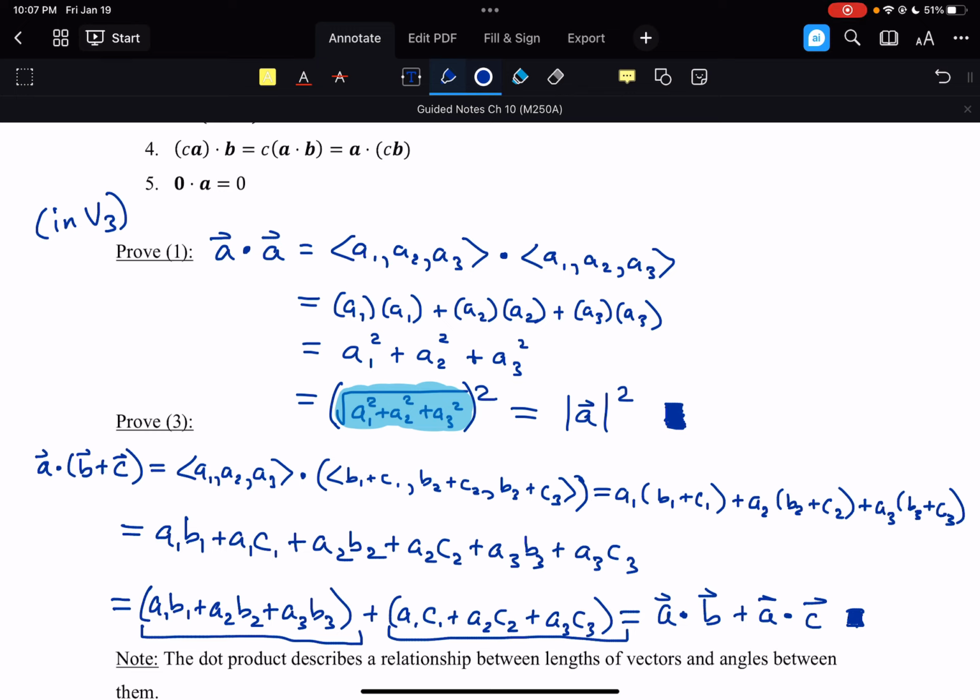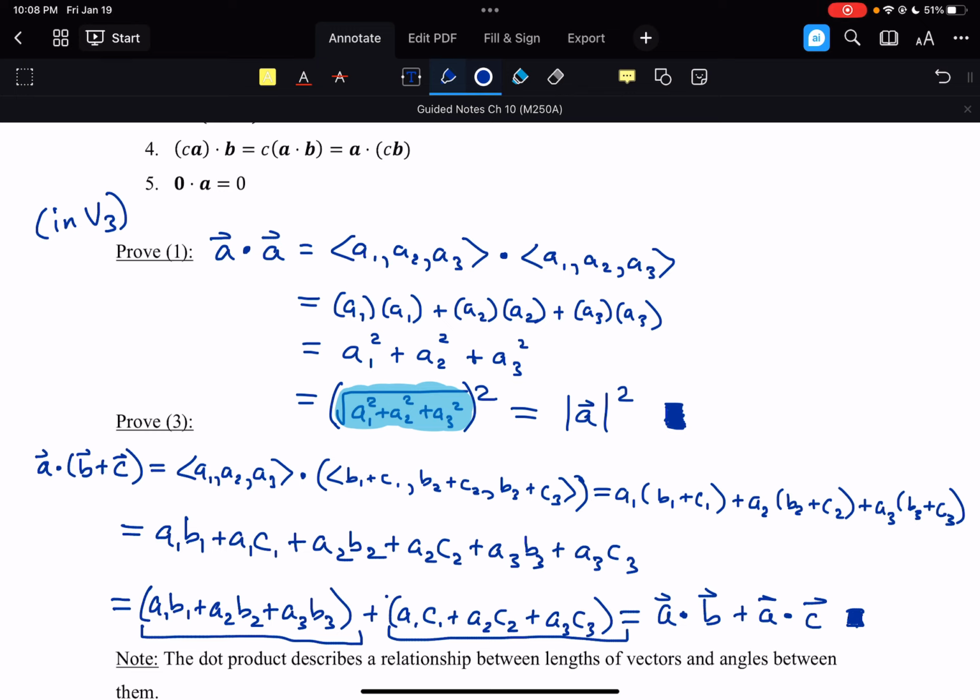So as with the previous section, a lot of these vector-based proofs, the work that is required, we need to combine, expand out, do whatever we need to do to get them into some scalar form, like with both of these. Once it's in the scalar form, we can then start playing around with it using the algebraic properties we know for numbers.